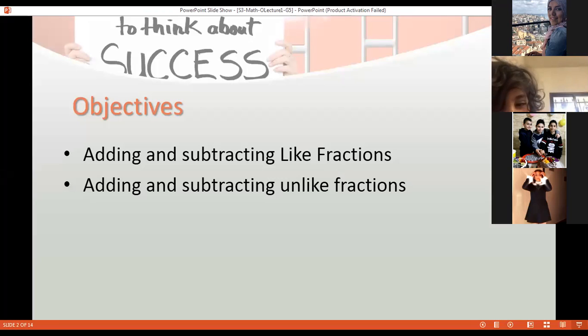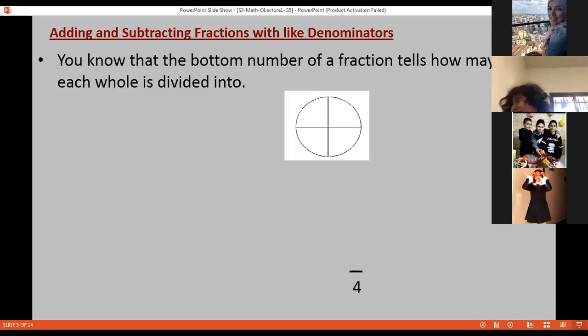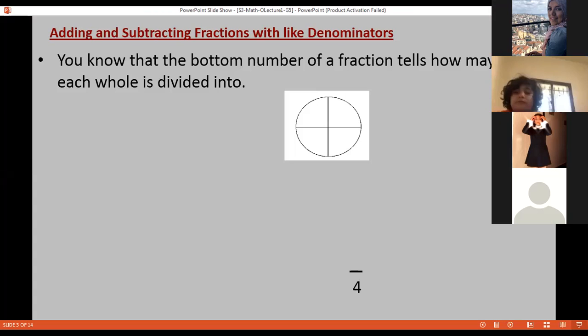So we are going to learn what's the meaning of like and unlike and how do we add and subtract those fractions. First of all, you should remember that the bottom number of a fraction is called the denominator and it represents how many whole parts we have. If you look at this circle, into how many parts is it divided? Four.